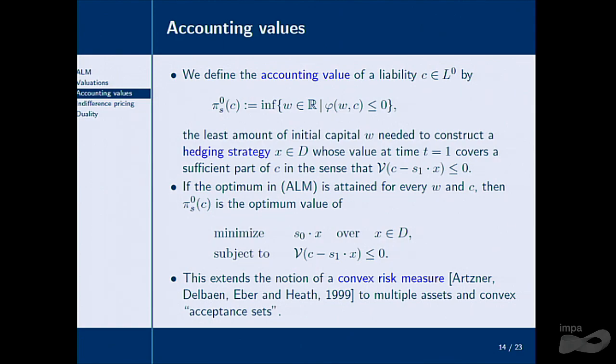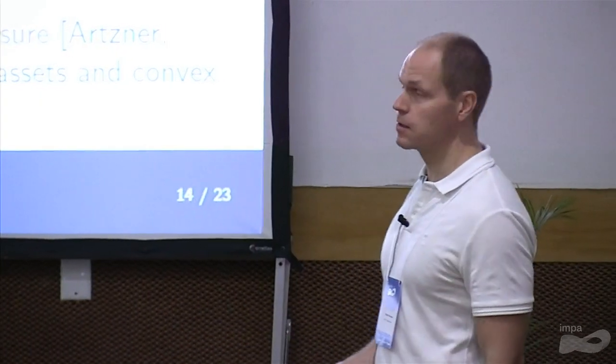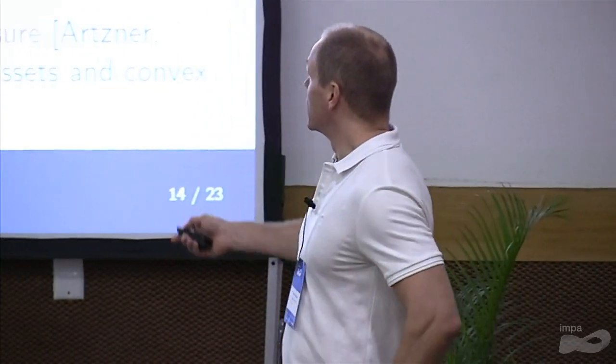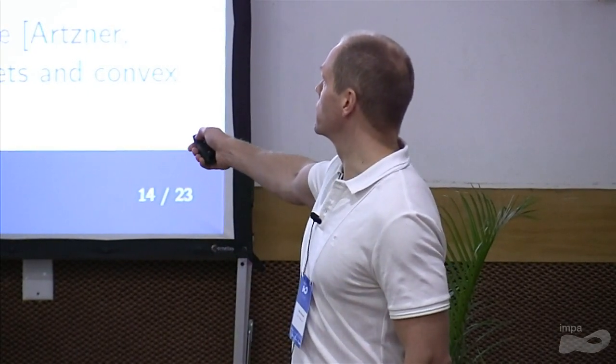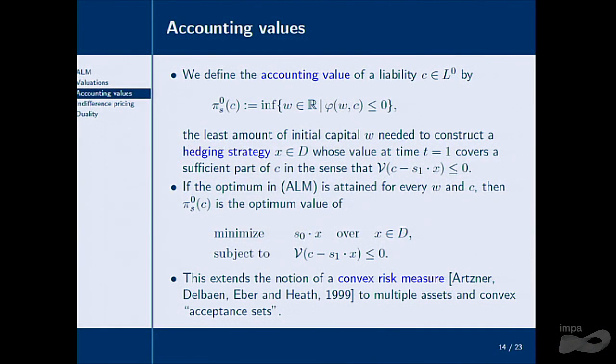The accounting value for delivering C is denoted by π^0_s. The s refers to the agent being in a short position in this claim. It's something that the agent has to deliver at the terminal date. We define it as the least amount of initial cash so that the optimum value in the ALM problem is nice enough. What's nice here is simply the value 0.